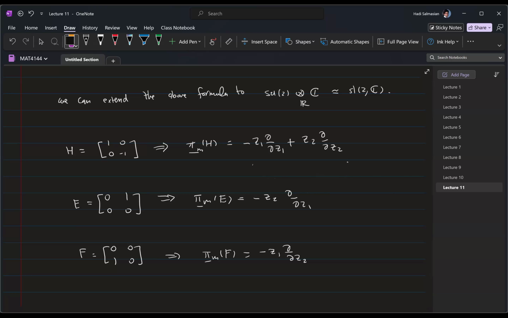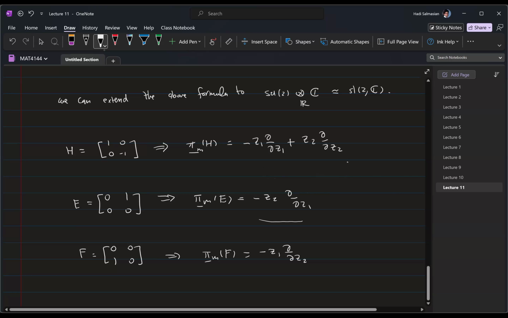Now what about the same monomials when you plug them in here? The degree of z1 goes down, the degree of z2 goes up, and here it's the opposite.